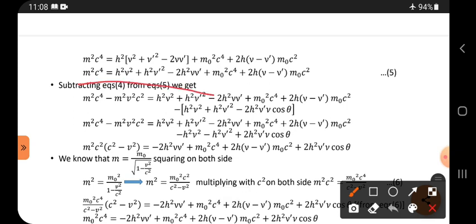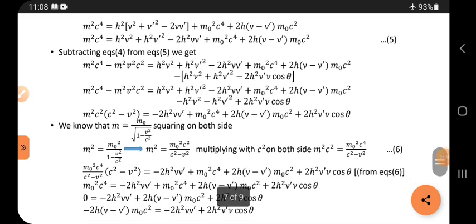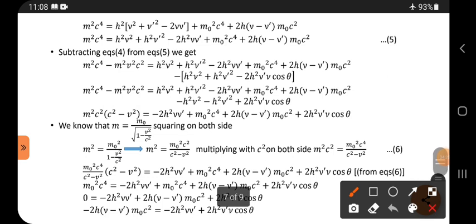This is equation 5, the bigger one. Subtracted. Here the equation 5 term is this one, the equation 4 term is this one. So left side values are subtracted, similarly right side values. This is completely equation 5 minus equation 4.